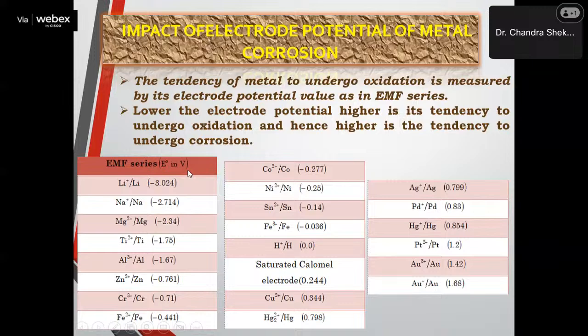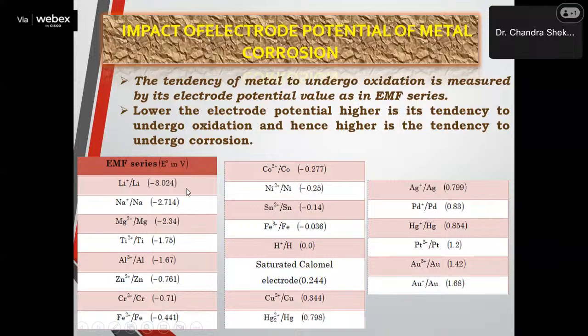Now we all know, as per electrochemical theory, corrosion of the metal is mainly because of the oxidation that occurs on the surface of the metal at anodic area. And the rate of oxidation depends upon the rate of reduction. Rate of reduction depends upon the rate of oxidation. And therefore, increasing the rate of one particular reaction, either anodic reaction or cathodic reaction, can increase the rate of corrosion of the metallic material. Therefore, higher the tendency of metal to undergo oxidation, higher is the tendency of metal to undergo corrosion.